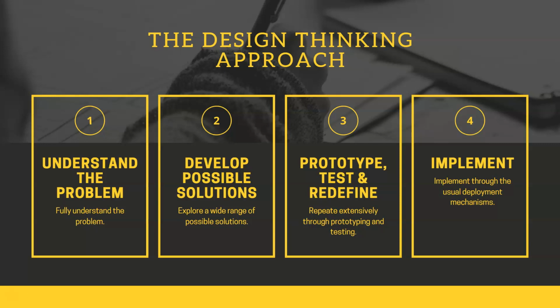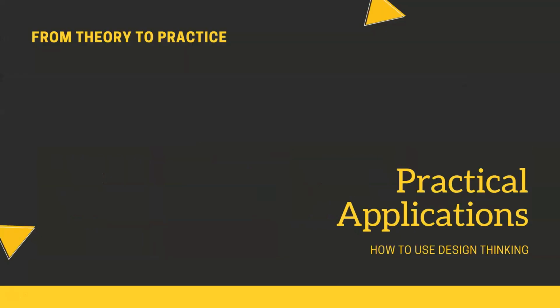And this process is repetitive. We repeat extensively through prototyping and testing until we find the best solution for the problem. And finally, we implement through the usual deployment mechanism. Let's discuss in detail each step and what the tools are that you can use during the process.